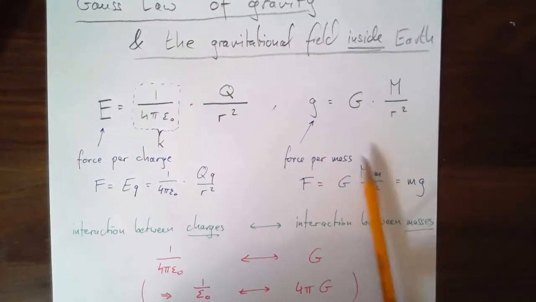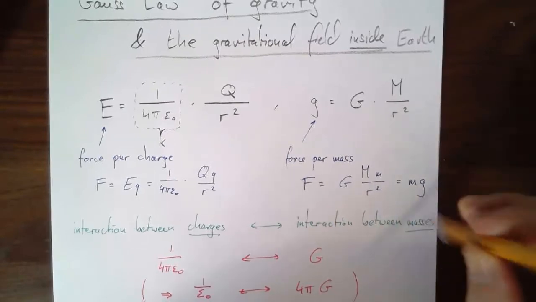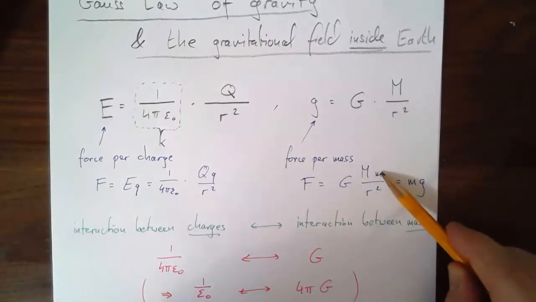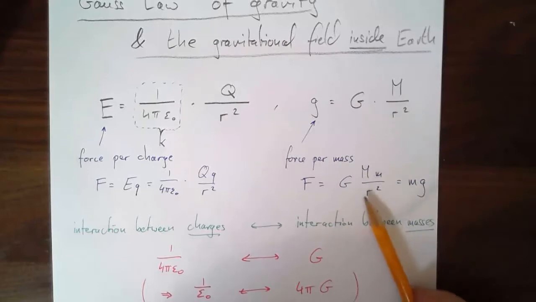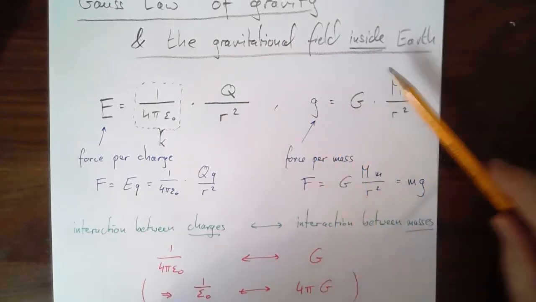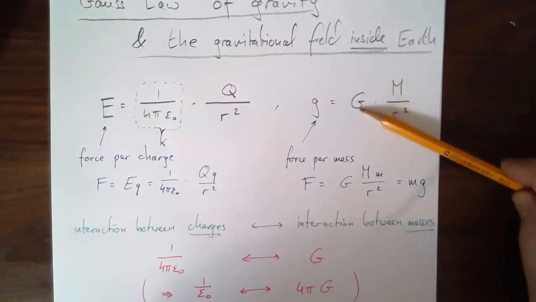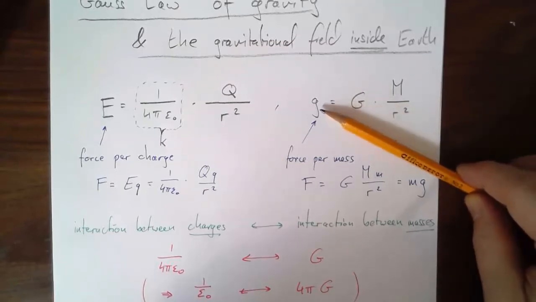Same thing here, right? If this is the law, then I can say, well, what's the force on 1 kilogram? If you plug in 1 kilogram here, at a particular point, if that 1 kilogram was put there, well, that is the gravitational field, right? And if you're on the surface of the Earth, plug in the mass of the Earth, you plug in the radius of the Earth, you multiply by the gravitational constant, and you get 9.8.